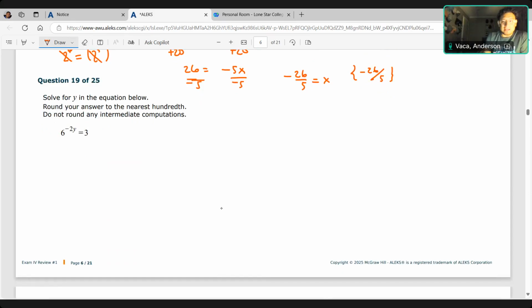Because I couldn't get a common base, we just won't be able to. So what we do is take the common log of both sides, and then rely on the logarithm properties, because this exponent now becomes a coefficient.